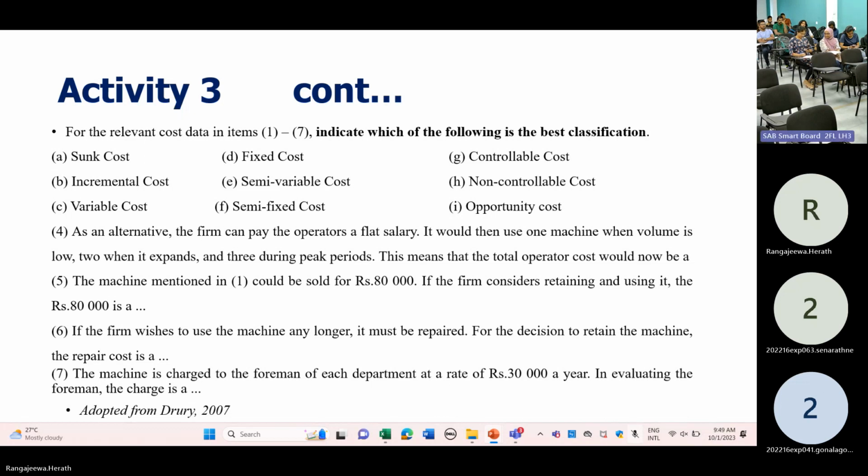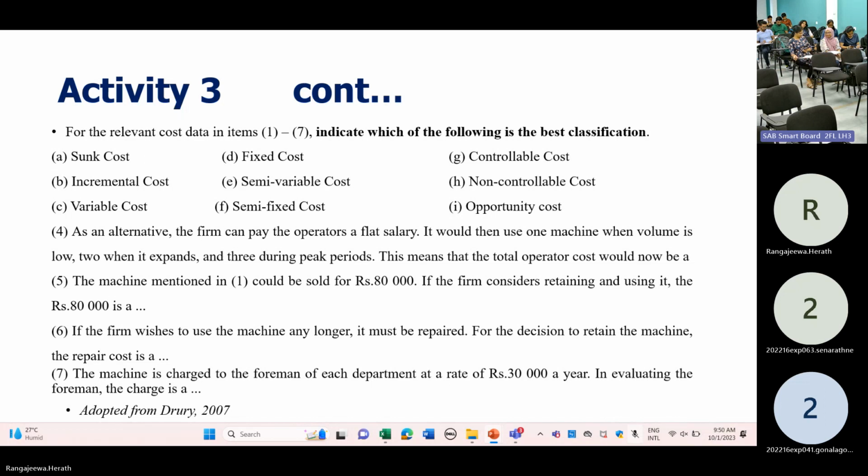Operator flat salary, then it can use one machine when volume is low, and when volume is high, two machines. Peak period, three machines. Right? So that becomes semi-fixed.